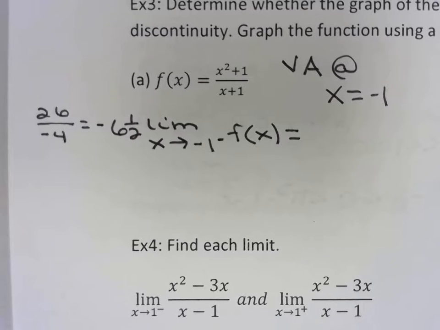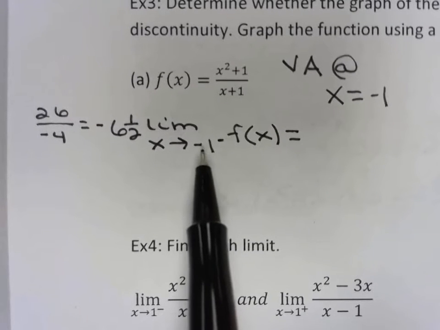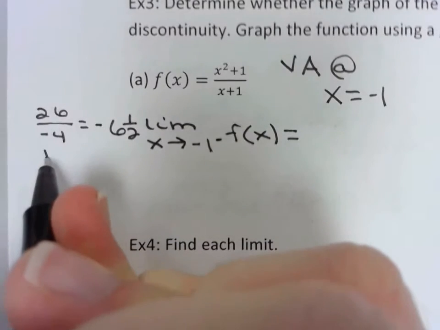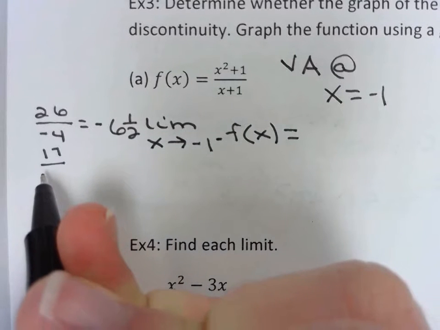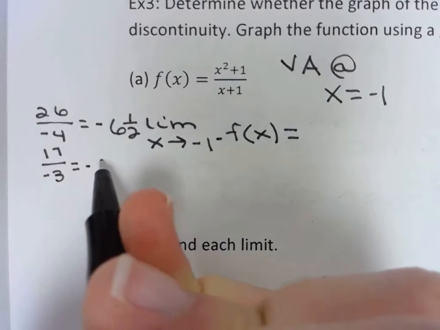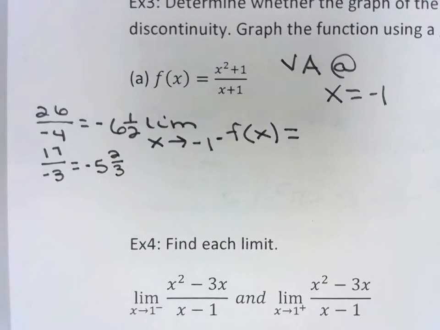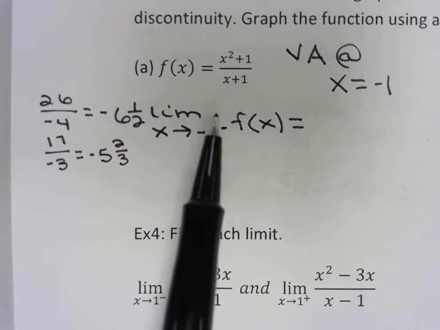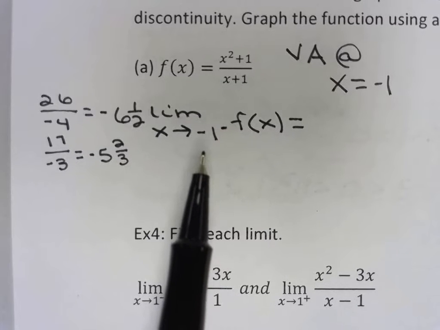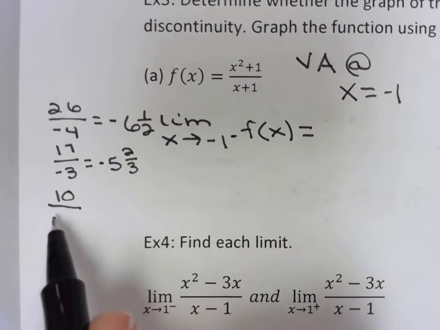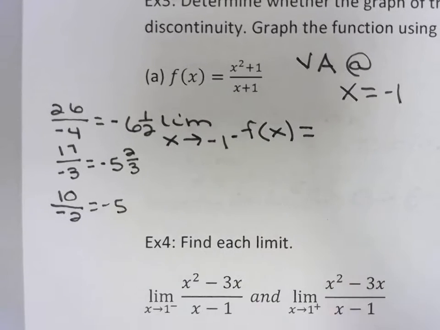Okay, I plugged in a -5, let's plug in a -4. If I plug in a -4, I'm approaching -1 from the left, so -4 will give me 17 over -3, so that will be -5 2/3. As I plug in a -3, that will give me 10 over -2, so -5.